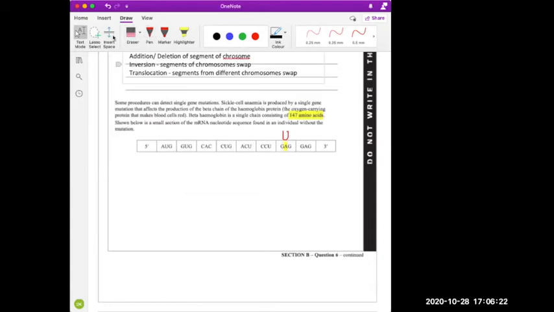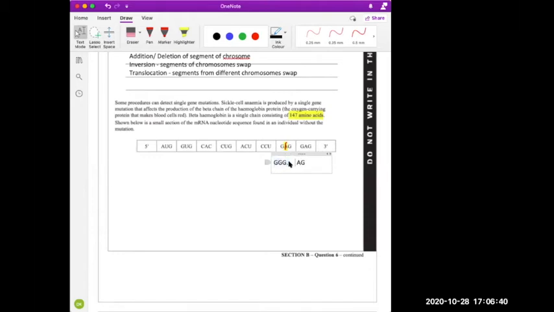So if now instead of the U, we just cancel this out, then what happens is from here you get GGG, and then you get AG, whatever comes next, right?